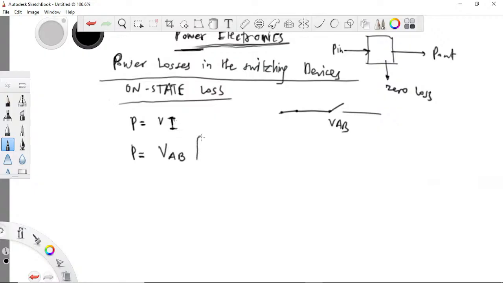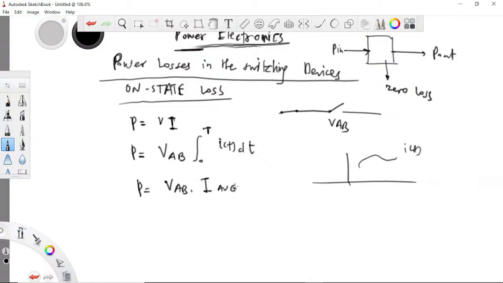If I have a current waveform like this, the average current is just the area under this curve, so the area is an integral. So this implies that the power is given by VAB multiplied by I average. This is the on-state loss for an equivalent voltage model.